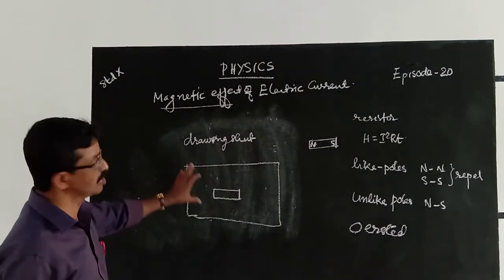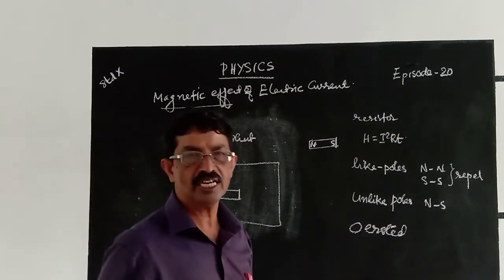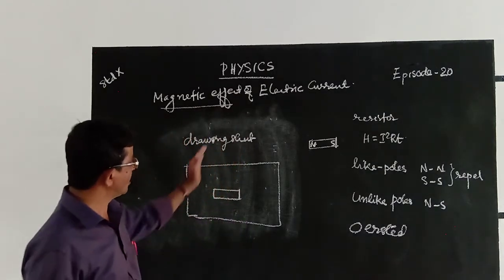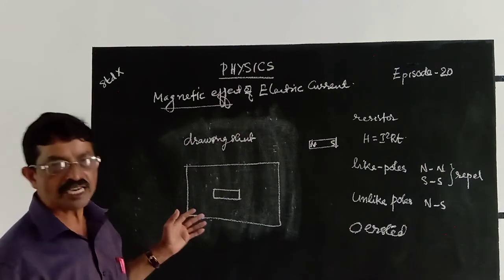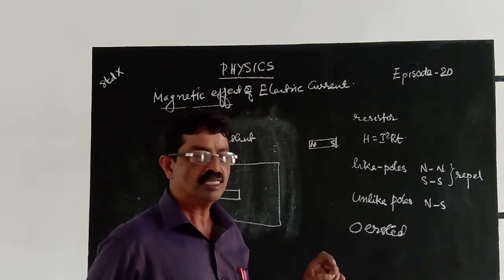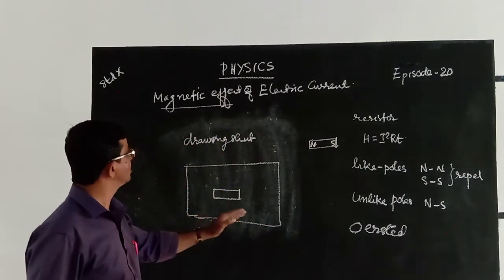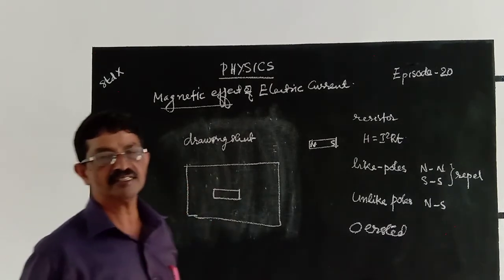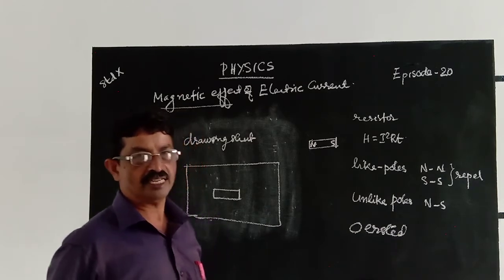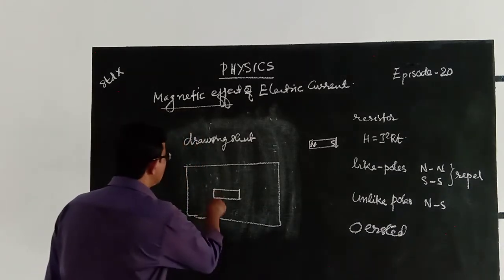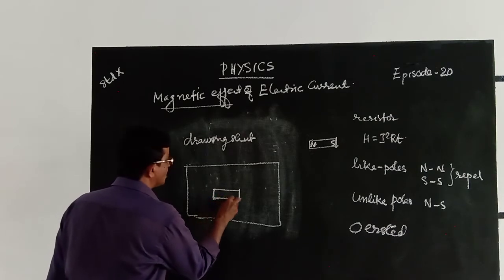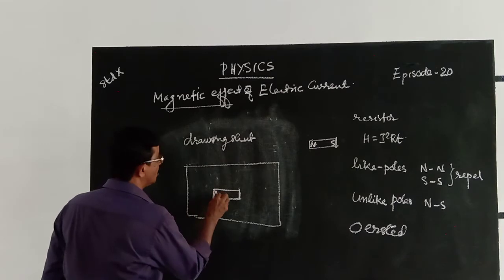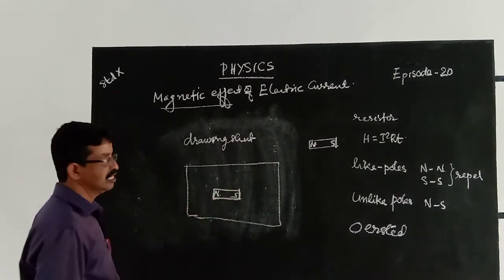That means first you take a drawing board, then fix a white paper, that is a drawing sheet, on it, then keep a bar magnet at its center. Then you can mark the region around this bar magnet, one on the north and another on the south.